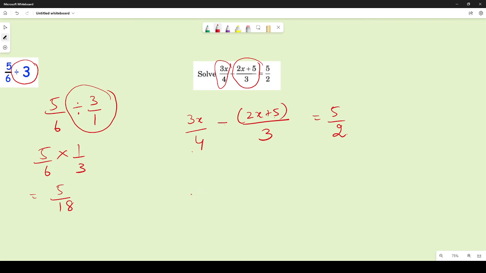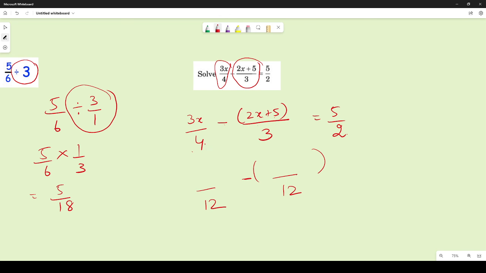So we take up the LCM over here and the LCM would be 12. So just let me do it separately first. So the LCM would be 12 for this and 12 for this, and remember this carries the minus sign. Now 4, how do we change 4 into 12?